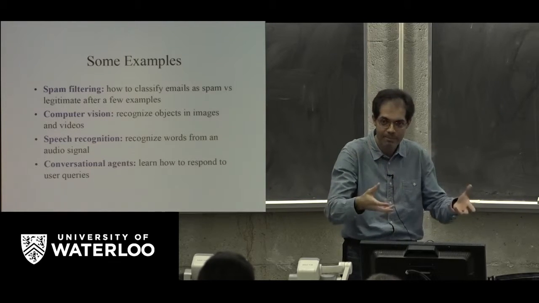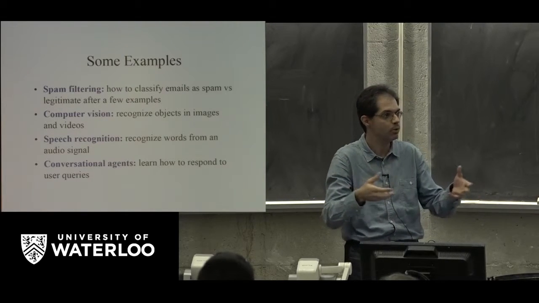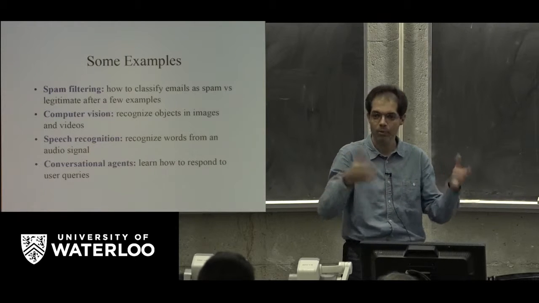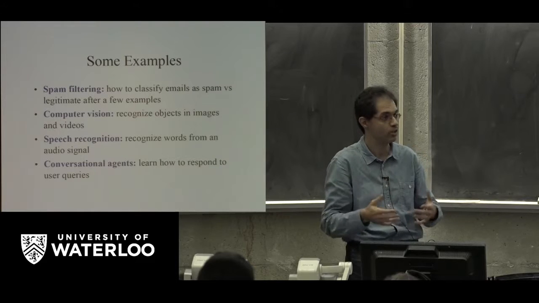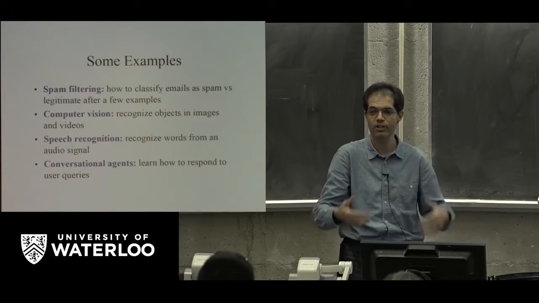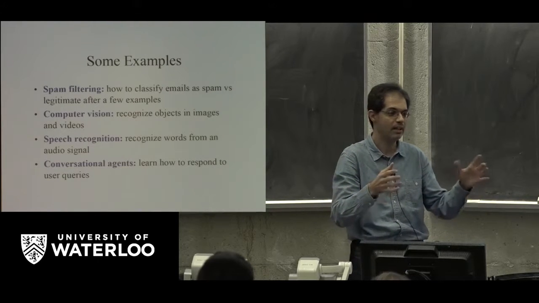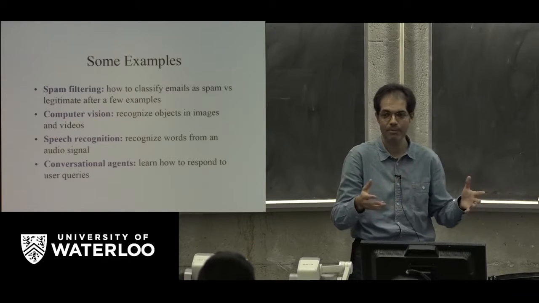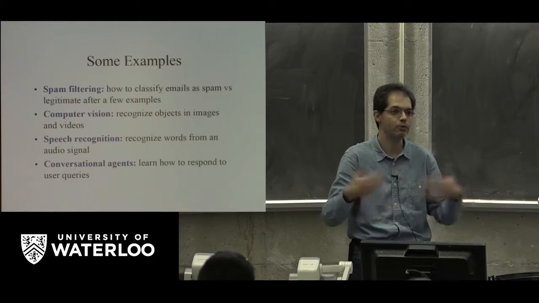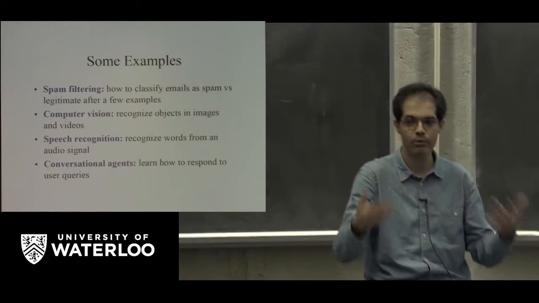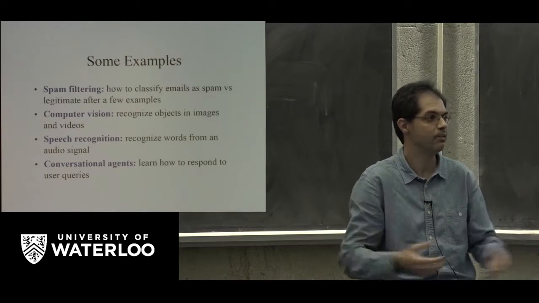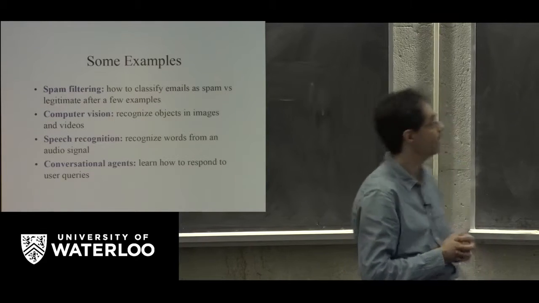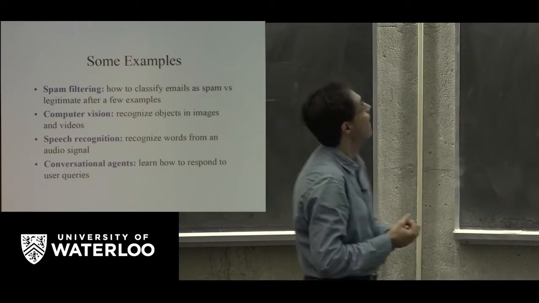And these are examples that then can be used by the computer to learn over time what are the patterns that characterize those that are really spams versus legitimate. So machine learning in general is this idea where you can feed the computer with some examples, and then it will learn from that how to generalize, how to categorize things, how to do the right thing in very complex situations. Okay, so that's our first example.